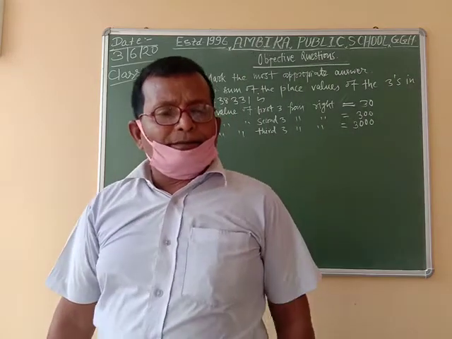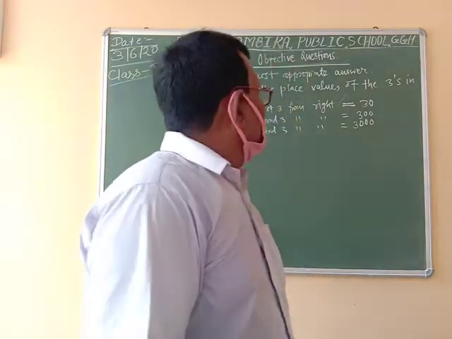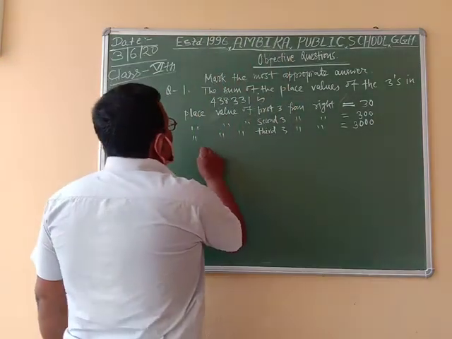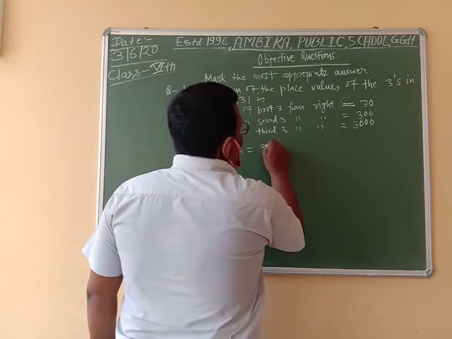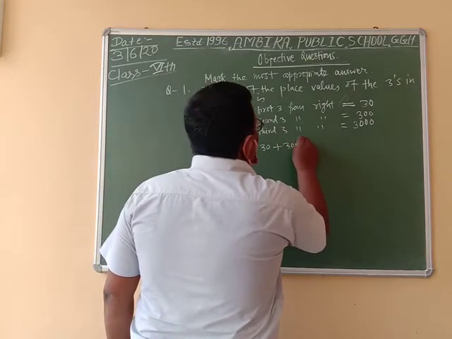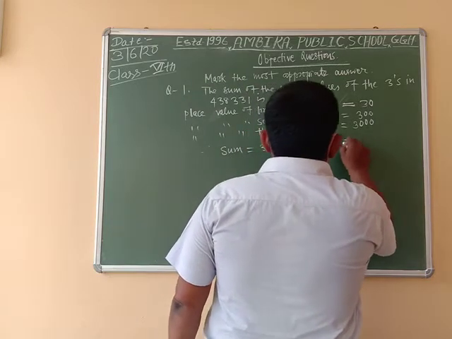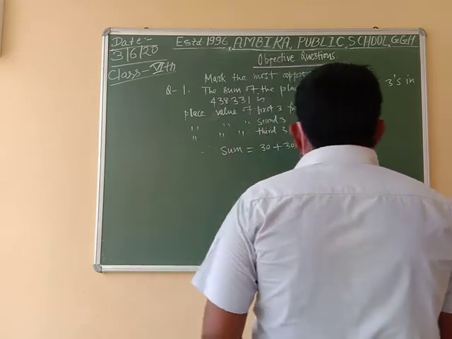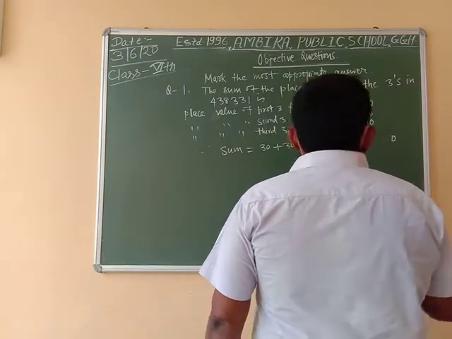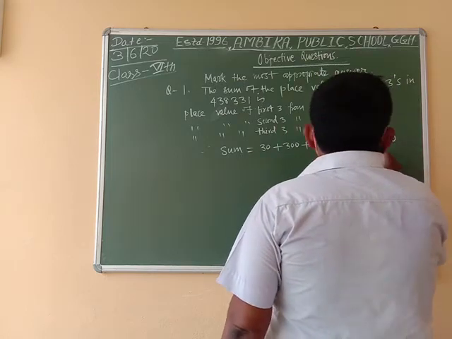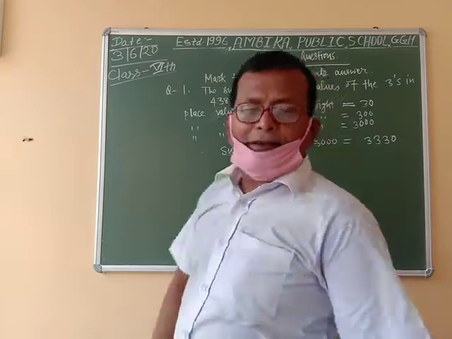Adding all, the sum of the place values of 3. In this, the sum is equal to 30 plus 300 plus 3000, which is equal to 3333.